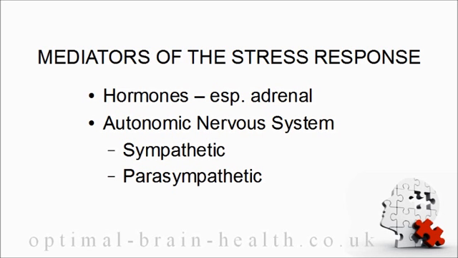That's useful for the body to have, so that if there are problems in one system, then the other can back it up. Now it turns out in fact that it's the sympathetic nervous system that actually stimulates the adrenal glands to produce adrenaline. So there is a lot of overlap and interaction. The parasympathetic nervous system calms us down again, so it's a mediator of the relaxation response.